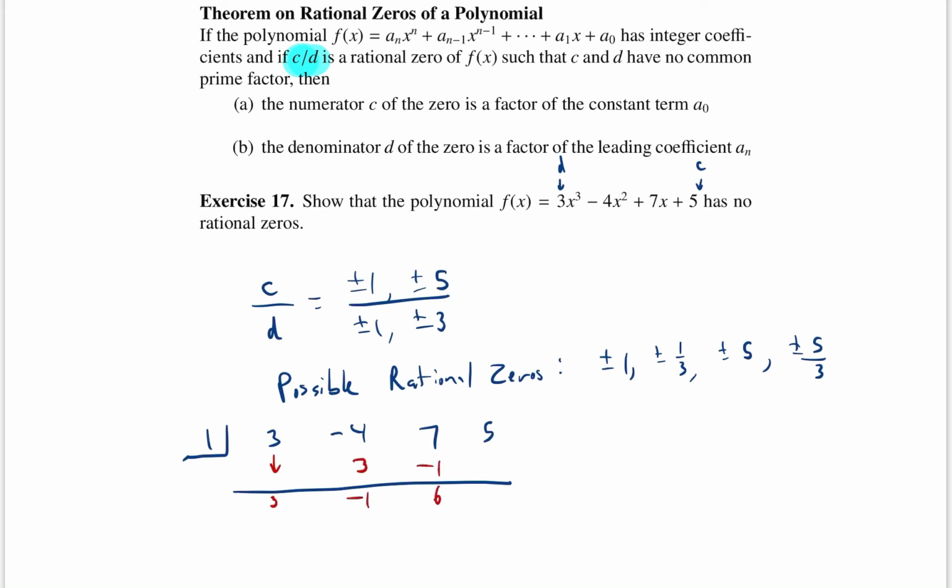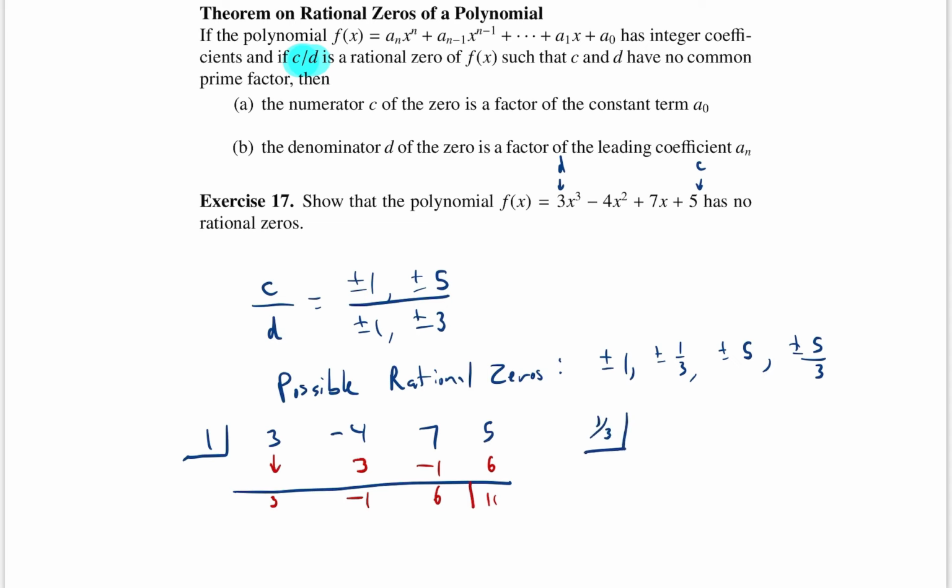We bring down the first term, multiply, add, multiply, add, multiply, add. So as you can see, since the remainder is not 0, 1 is not a 0. So what they're saying is that this polynomial has no rational zeros. So in order to prove that, you would have to go through each of these and confirm that for each one, the remainder is not 0.